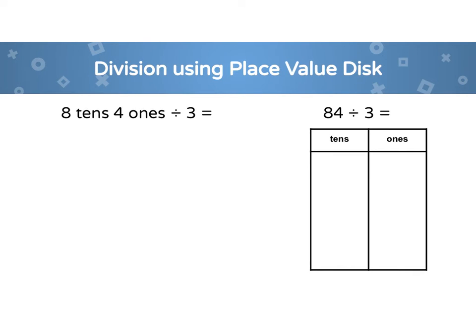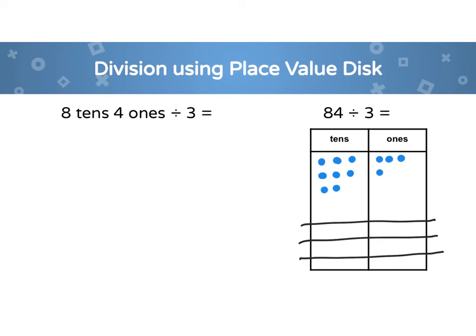Okay, here on this slide, I have 84, and we're going to divide it into 3 equal groups. So let me get that on my place value chart. Okay, so I have put 84 on my place value chart. So I'm going to divide those up into 3 groups. 1, 2, 3. Oh no, I don't have enough to divide that into 3 groups.